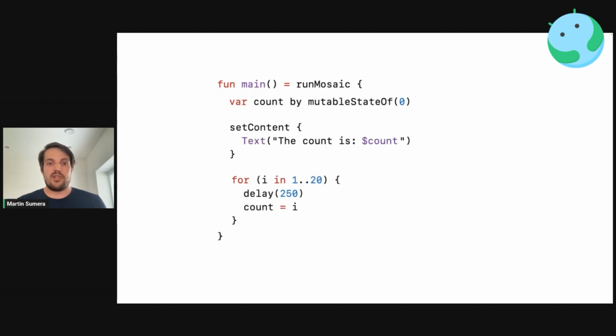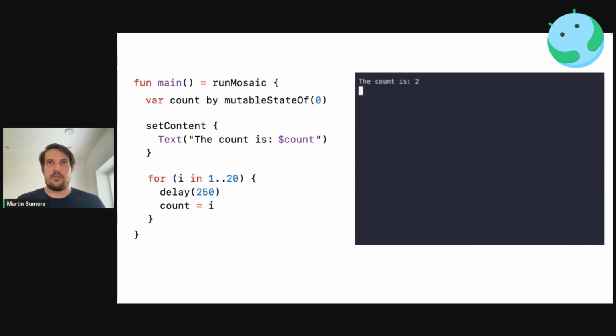You are even able to use most of the Compose runtime elements, such as mutableStateOf, remember, or LaunchedEffect. And for example, in this example, we are creating a simple counter where counter variable is increased every few seconds. And thanks to ANSI escape codes, which are built directly into Mosaic runtime, cursor is moved back to the start and it re-renders the output.